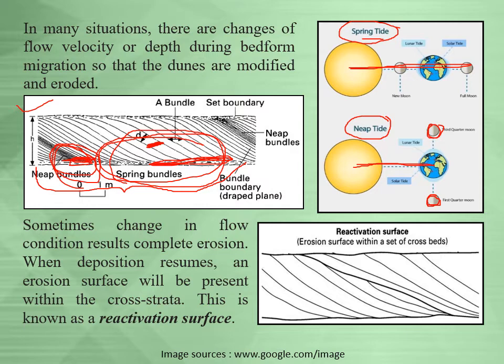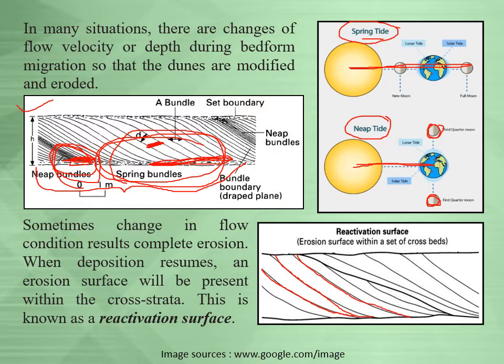Now, as you know, there are many situations when changes in flow velocity or flow depth occur. Now suppose in a condition when, due to ripple or dune migrations, these kinds of cross beds are forming.